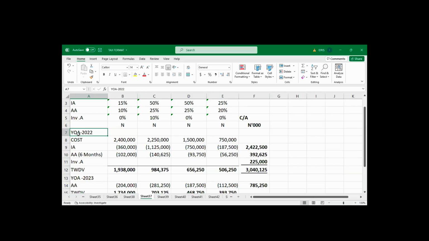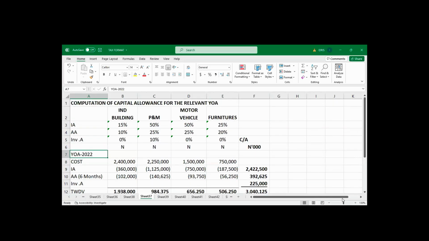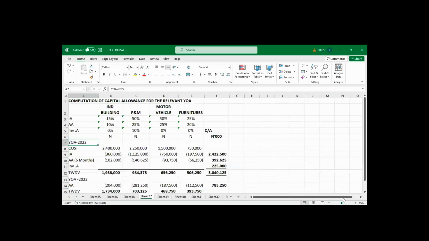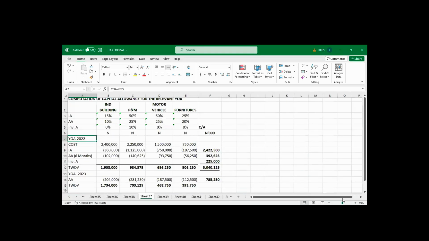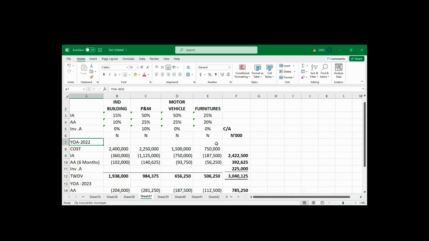The cost of the items: 2.4 million for building, plant and machinery 2,250,000, motor vehicle 1.5 million, furniture and fitting 750,000.